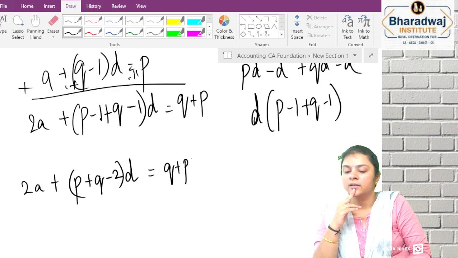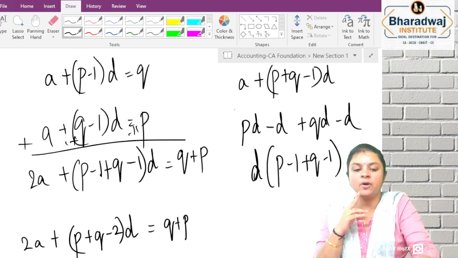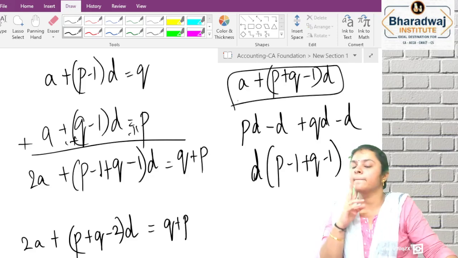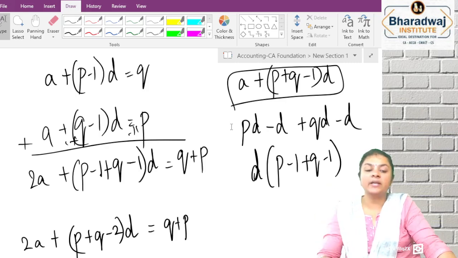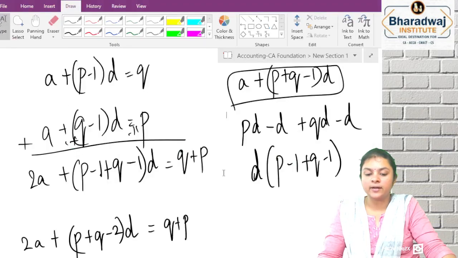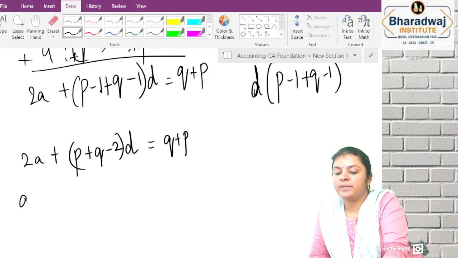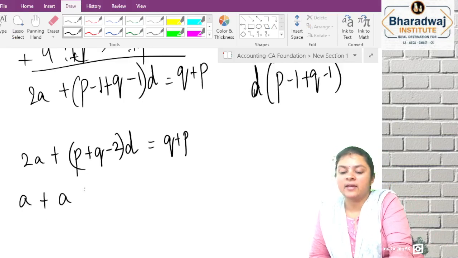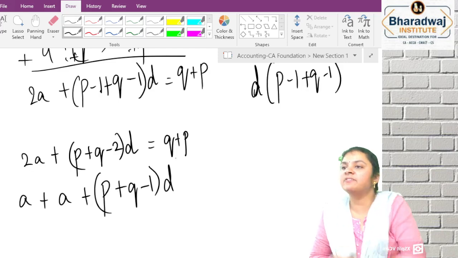Okay, now what are they asking? What I want is the value of A plus P plus Q minus 1 into D. So here, split A into two: A plus A plus P plus Q minus 1 into D. Then what is left out here?